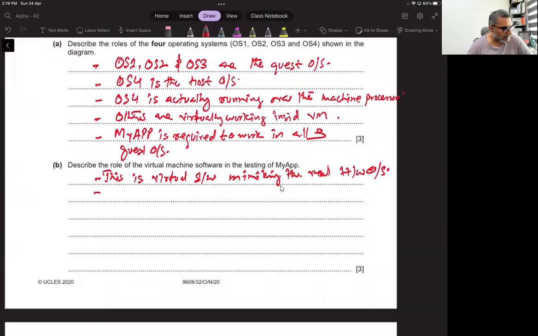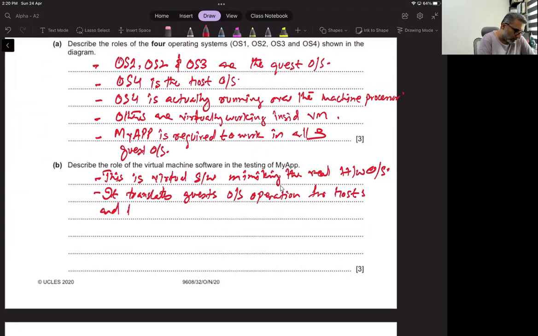Secondly, it translates guest operating system operations for the host and host operating system results for the guests.